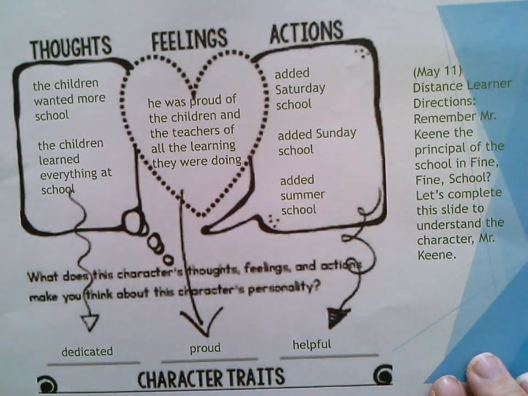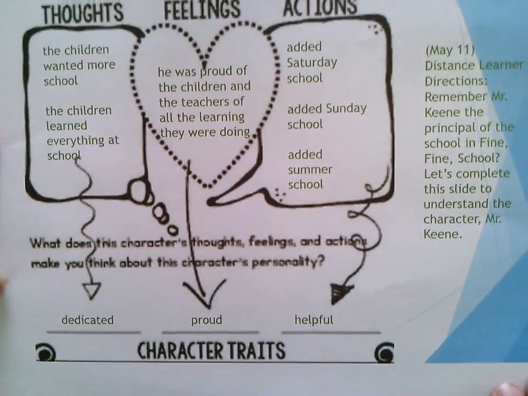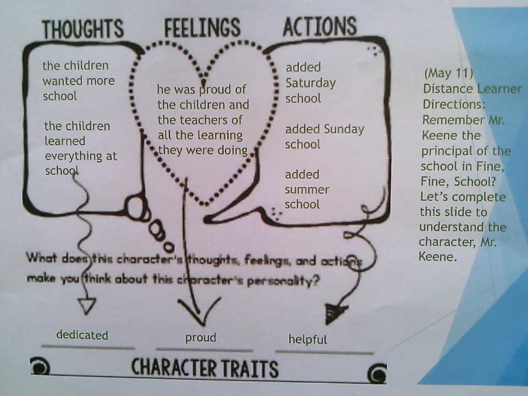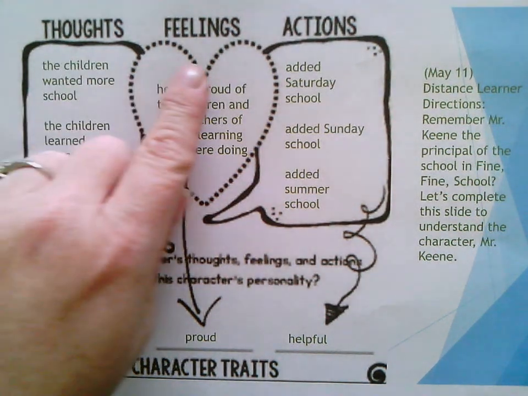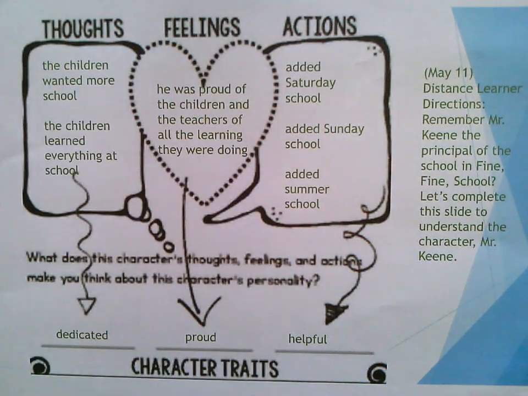An example of this character trait idea is if you think back in Journeys this year in third grade to the story that we enjoyed called A Fine, Fine School. If you remember, there was the principal of that school, and his name was Mr. Keene, and he had some thoughts, and he had some feelings, and he had some actions.